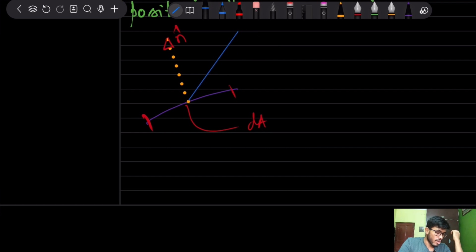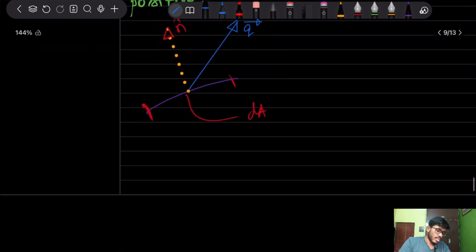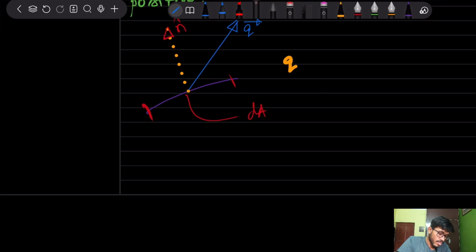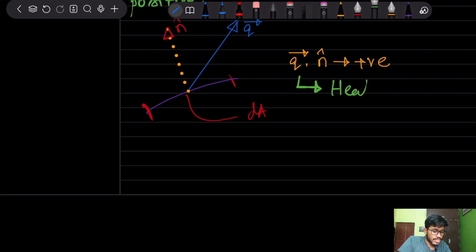Now I am just drawing it like this. This is my heat flux vector, right? I have said so many times that if q dot n is positive, then the heat flux is leaving.